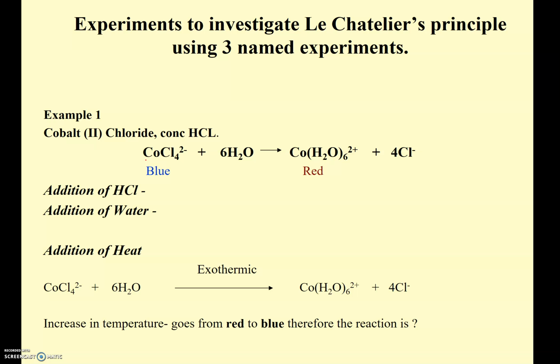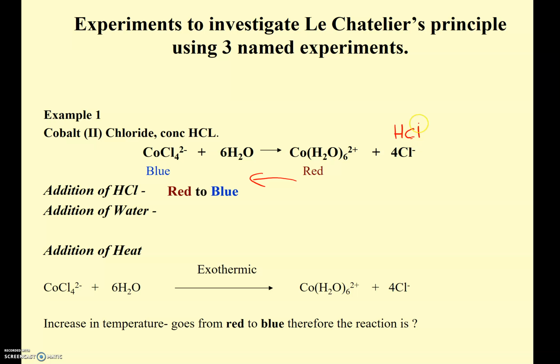If we add hydrochloric acid, your equilibrium is going to be shifted from the right to the left, so you're going to shift from red to blue. You're increasing the concentration of hydrochloric acid on this side, so you shift equilibrium to the opposite side.